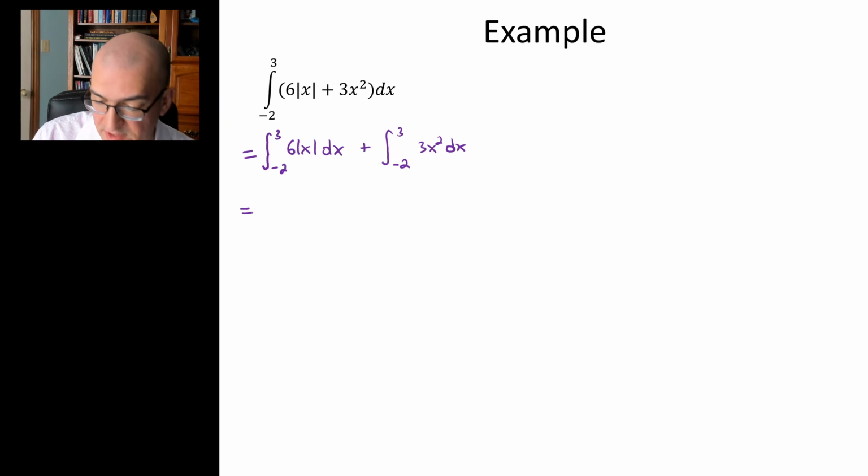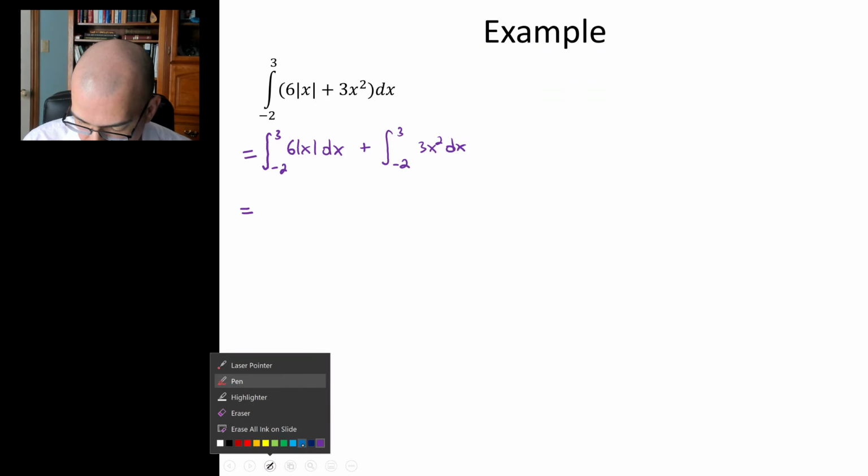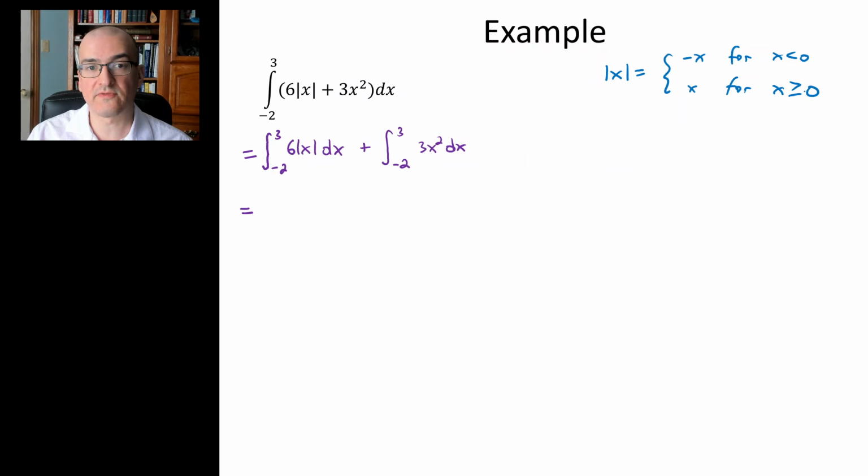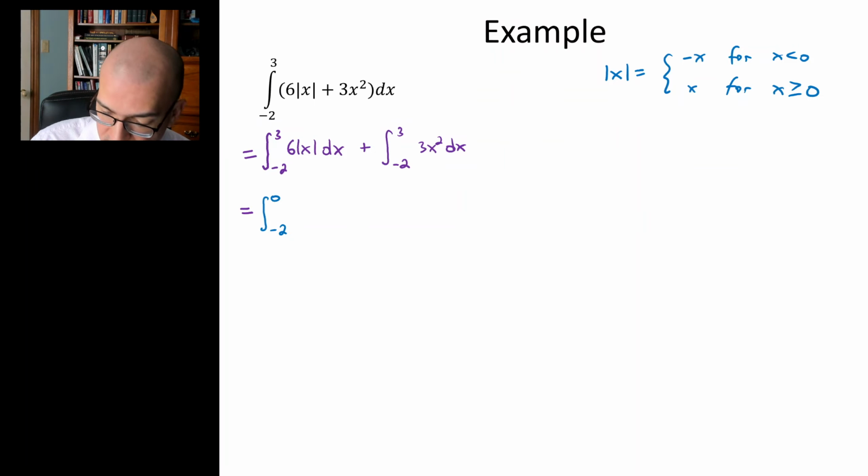Now that first integral, I'm going to use the following fact, that the absolute value of x is equal to -x for x less than 0 and equal to +x for x greater than or equal to 0. I'm going to use that fact to split the first integral into two integrals. So this is going to be an integral from -2 to 0. I have to split it at 0 because that's where the piecewise function switches.